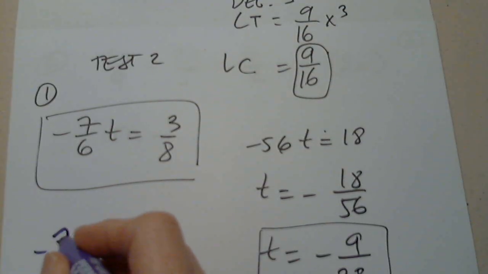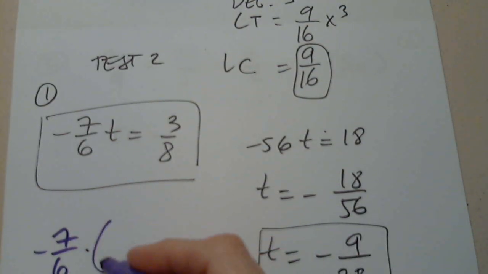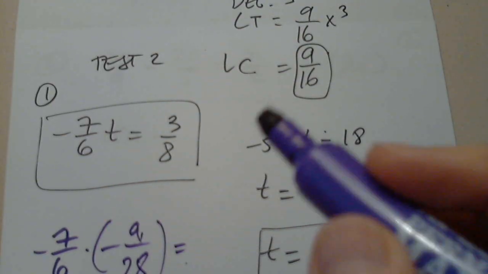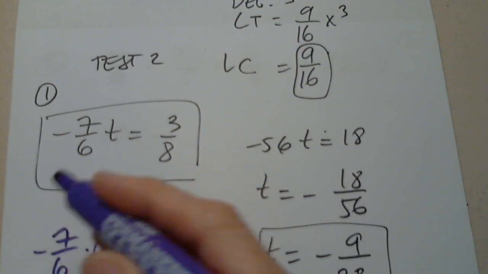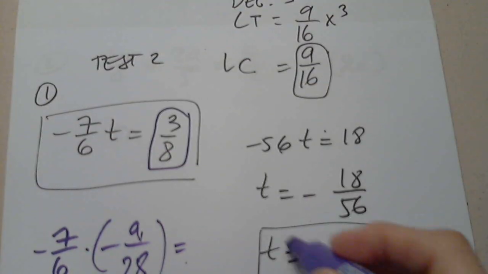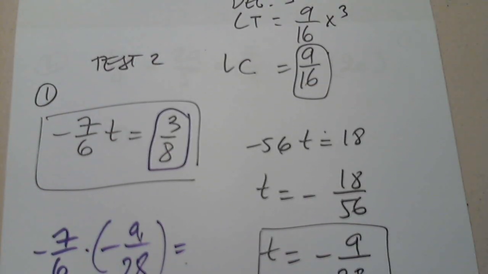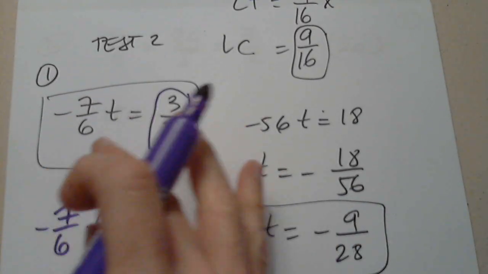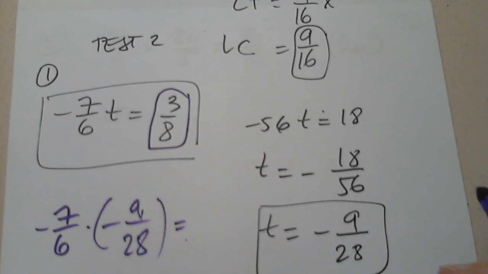So I have -7/6 multiplied by -9/28. When I simplify, if I do not get 3/8, I will not enter this number, because if I don't get the left-hand side to be equal to the right-hand side, I lose 3, 4, or 5 points for nothing.